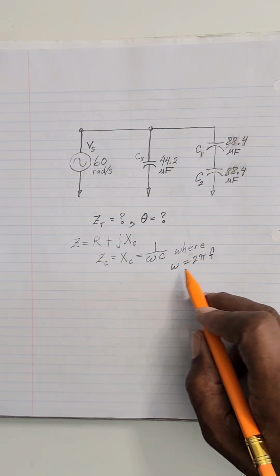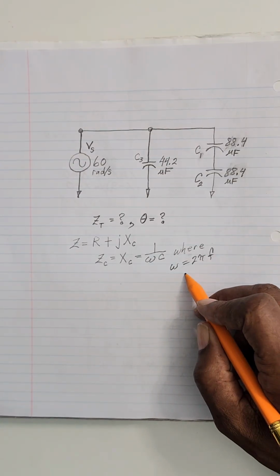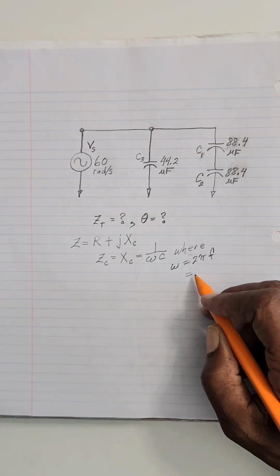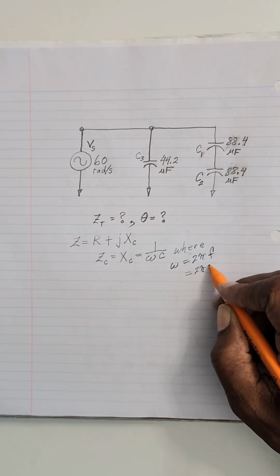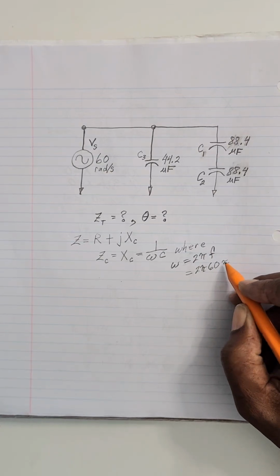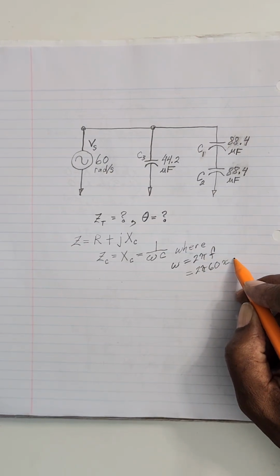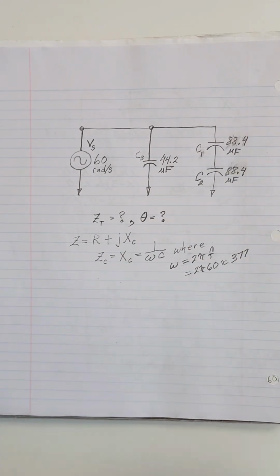So I like to work on this first, get this out the way. This would be then equal to 2 pi times 60, which is approximately 377. So that's what that comes to.